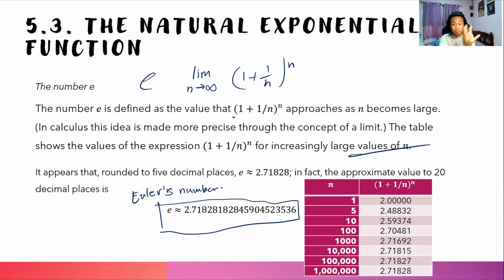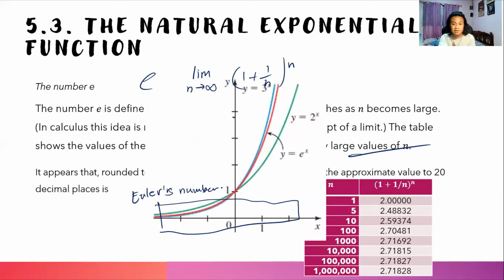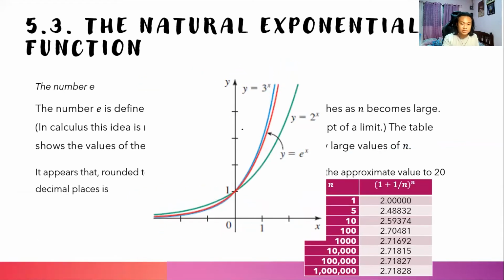If we look at the graph of the natural exponential function, it looks like this. It is between 3 to the x and 2 to the x.